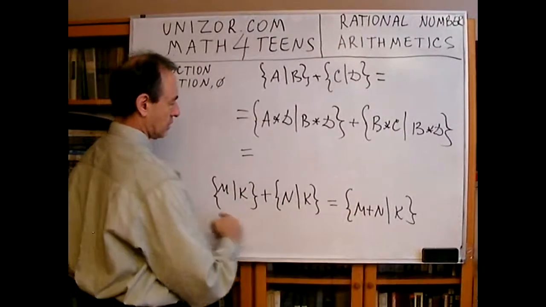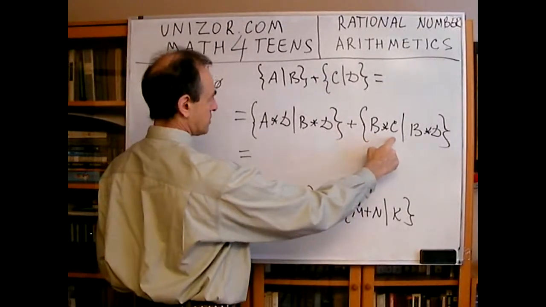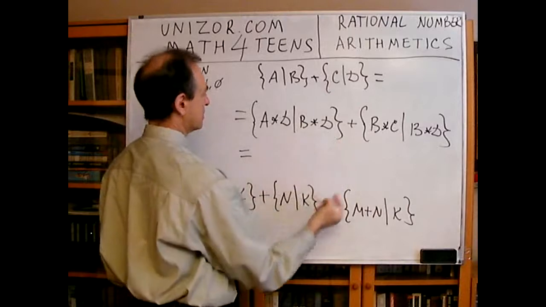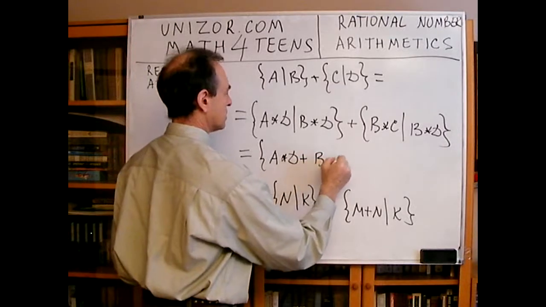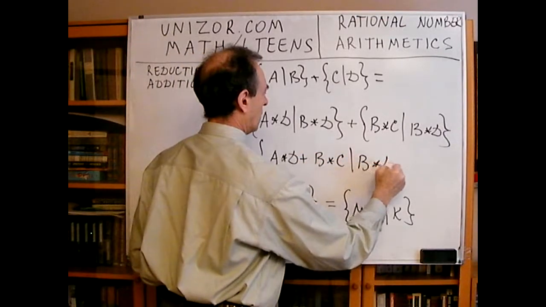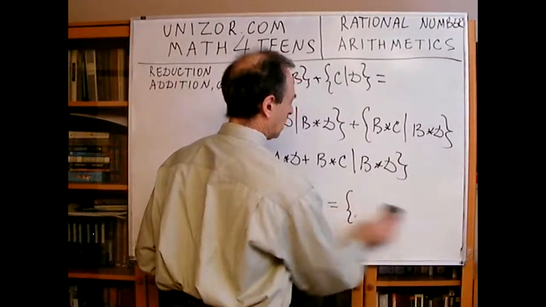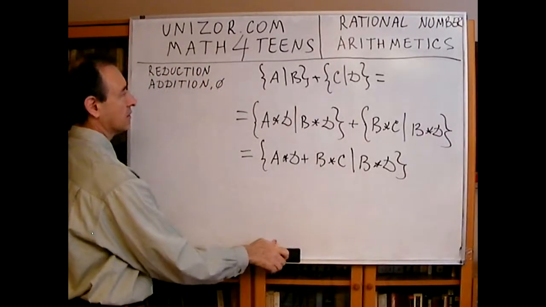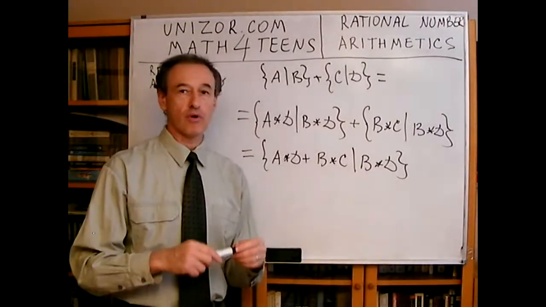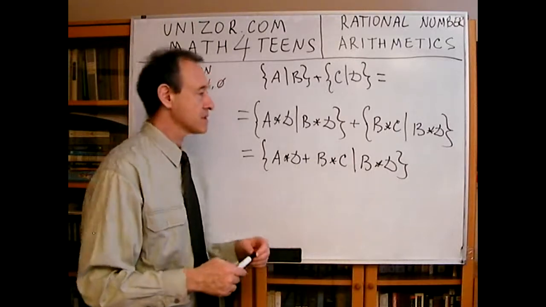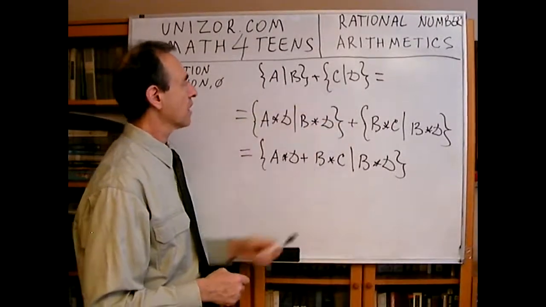So I can use this particular law, where M is A times D, N is B times C, and K is B times D. So it will be A times D plus B times C over BD, which defines the operation of addition among rational strings A over B and C over D, which exactly corresponds to your intuitive knowledge about rational numbers and the law of addition by looking for some common denominator.